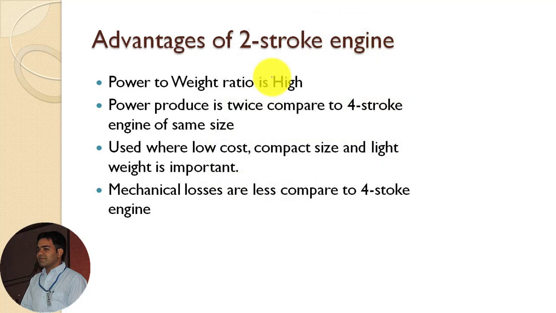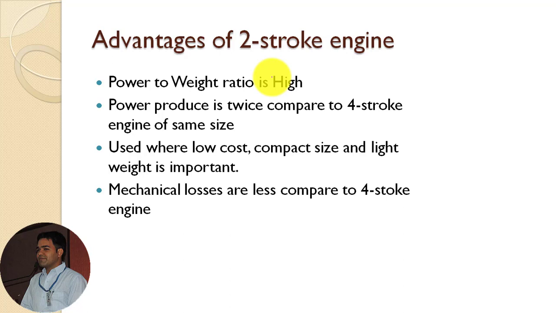The advantages of two-stroke engine. The first and foremost advantage of the two-stroke engine is, as compared to other engines, the power to weight ratio of two-stroke engine is high.